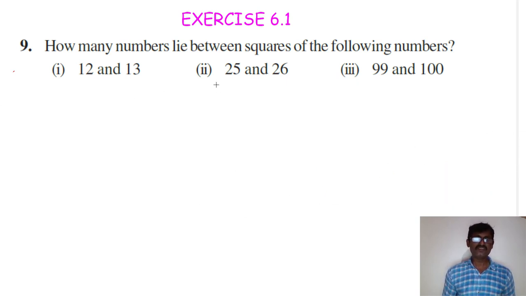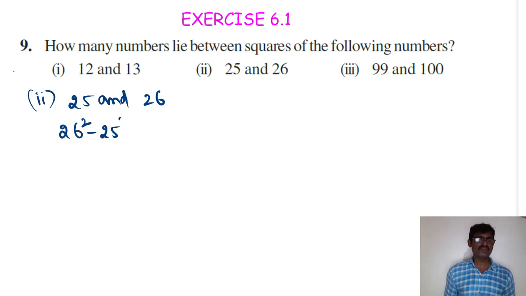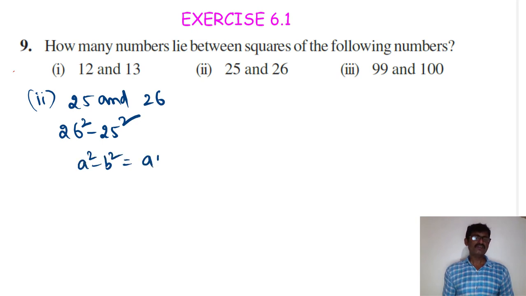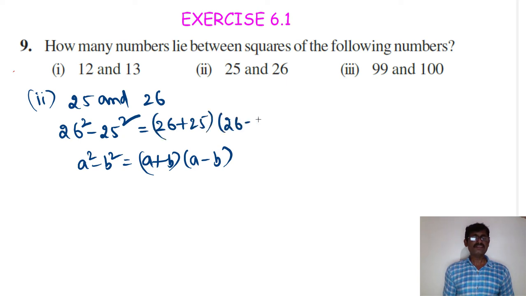In the second problem, we have 25 and 26. So we need to find 26 square minus 25 square. As I said earlier, we can use the a square minus b square equals a plus b into a minus b identity. So this is equal to 26 plus 25 times 26 minus 25, which is 51 into 1.